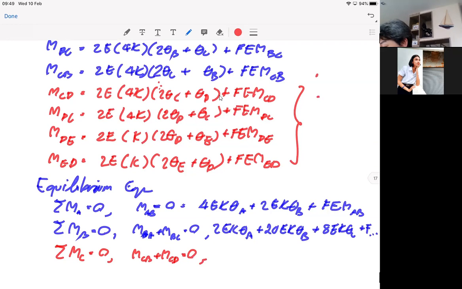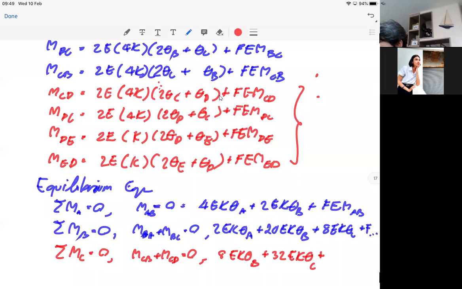So it's these two, right? And that means how much do we have? Hang on. We have 8EKζB. Am I right? And for ζC, we have 16 plus 16, so that's 32EKζC.